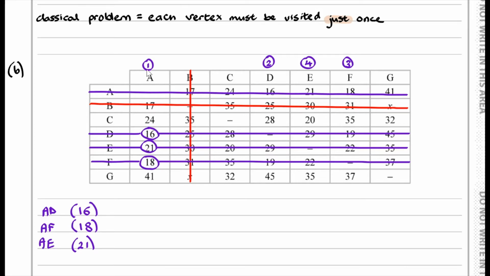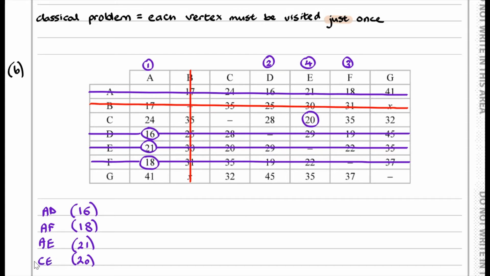We now look down A, D, E and F. The smallest number is this 20 over here. This 20 corresponds to CE.